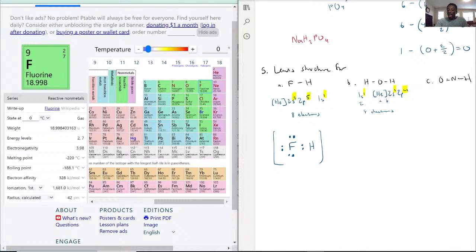Because hydrogen is the only unique one here, we put oxygen in the center, sharing 1 bond each with the hydrogens to the left and right. Now each hydrogen has shared 1 of its 1, so it's complete. But oxygen, in the center, has shared 2 of its 6, so then we have 3, 4, 5, 6. Oxygen now completes the octet rule. It's completely satisfied. This would be your Lewis structure.